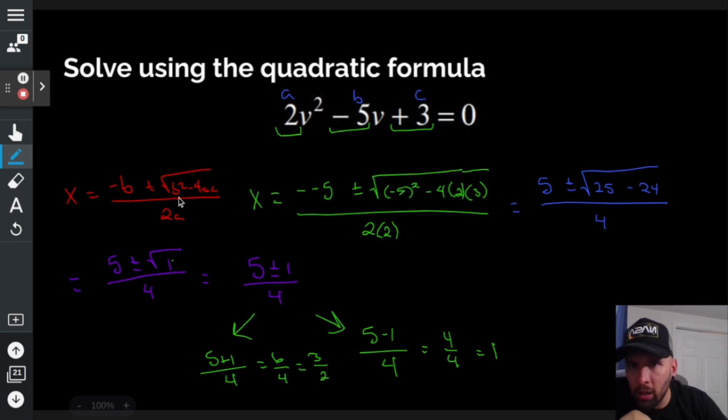So x equals 3 over 2, and x equals 1, and that is my solution.